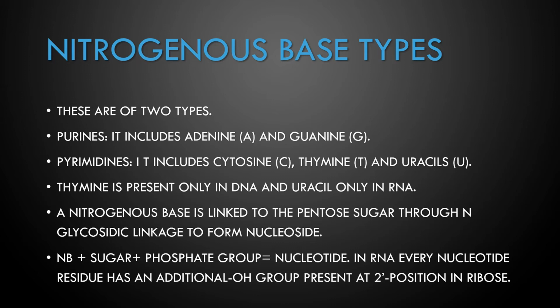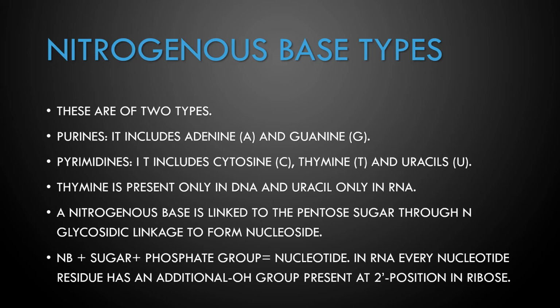And this nitrogenous base is linked to the pentose sugar, as you have seen in the previous slide. It is linked with the pentose sugar through a glycosidic linkage and forms the nucleoside. Means, in short, nitrogenous base plus sugar is equal to nucleoside.